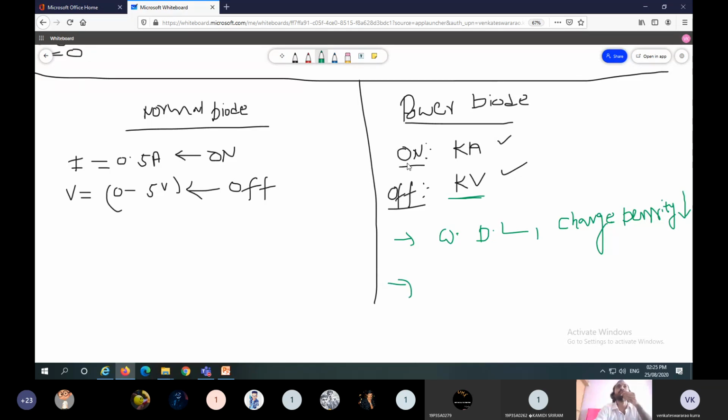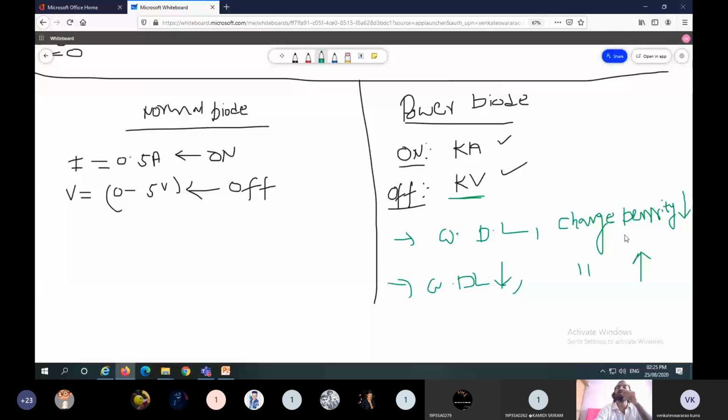Next, if you want to allow a very large amount of current, the width of the depletion layer should be low and the charge density must be high. Then only we can allow a very large amount of current during on state.